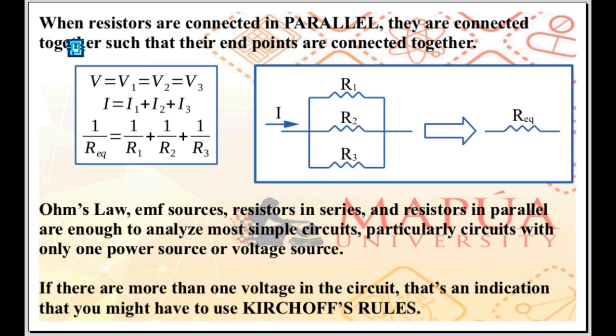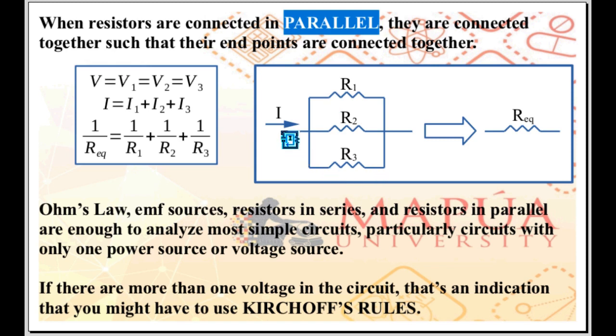On the other hand, when resistors are connected in parallel, they are connected together such that their endpoints are connected together as shown. These endpoints of the resistors are connected together, and the other endpoints of the resistors are connected together, such that the resistors are literally parallel to each other.